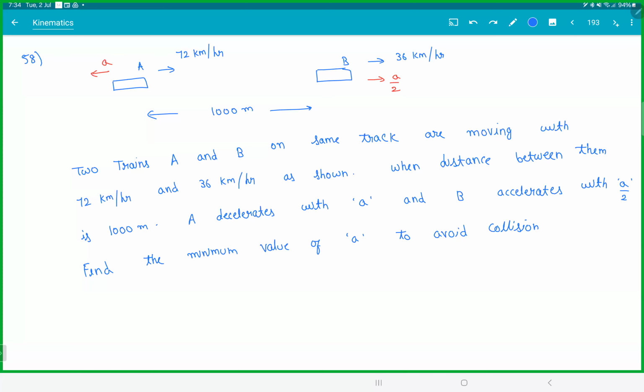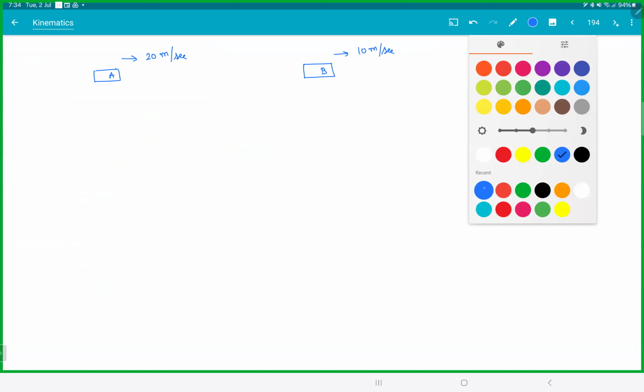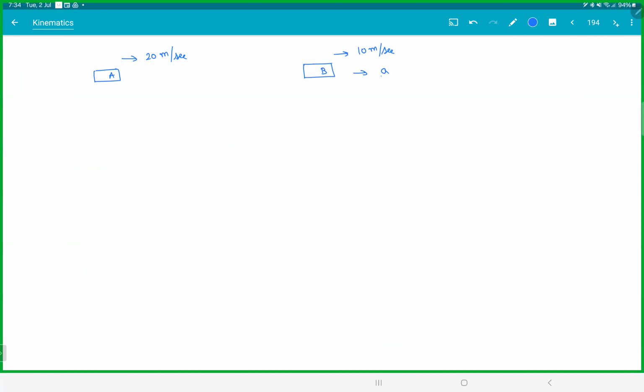So step 1, keep everything in SI units. The train A, 36 kilometers per hour is 10 meters per second, and 72 is 20 meters per second. Hope everyone remembers the conversion unit, 5 by 18. Train B is going with 10 meters per second. And this guy is accelerating with A by 2, and this guy is decelerating with A.